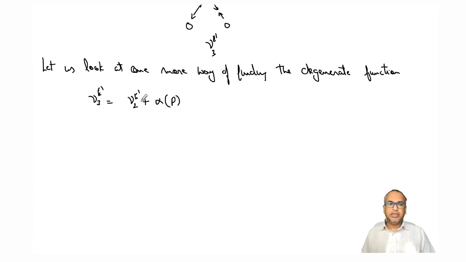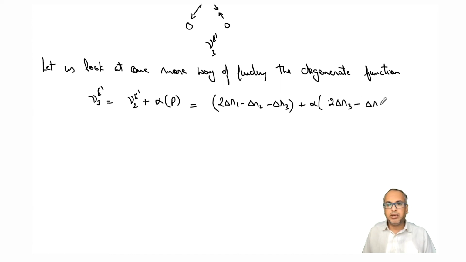So now if you consider this, it is possible, right, that this can be a linear combination of any linear combination, and we can find out alpha. Okay, so let's do that. Delta R1 minus delta R2 minus delta R3 plus alpha times 2 delta R3 minus delta R1 minus delta R2, right?